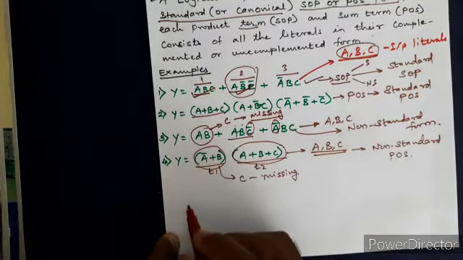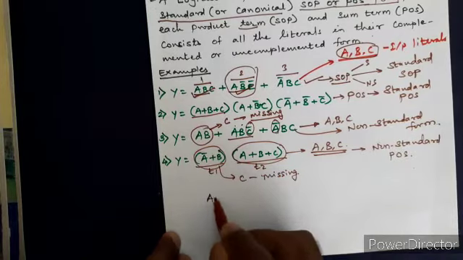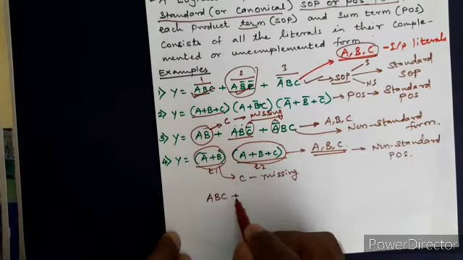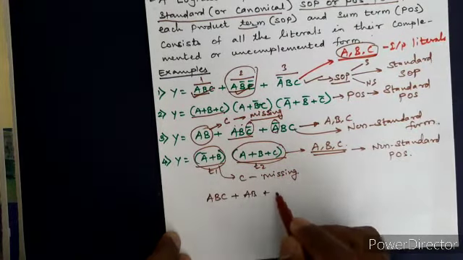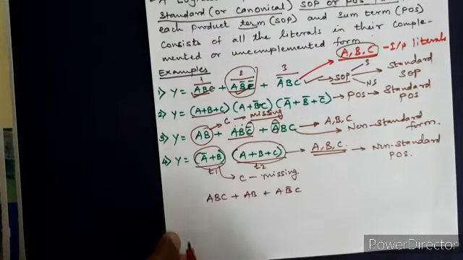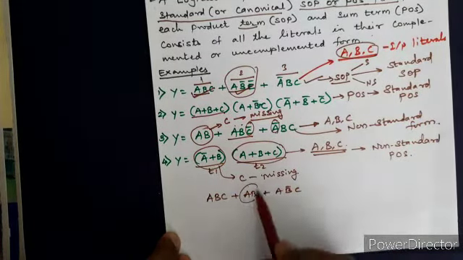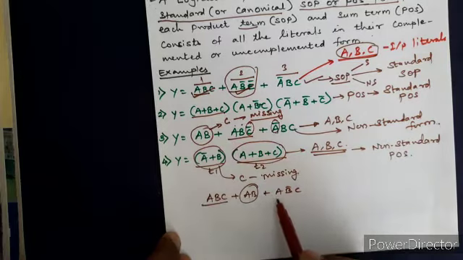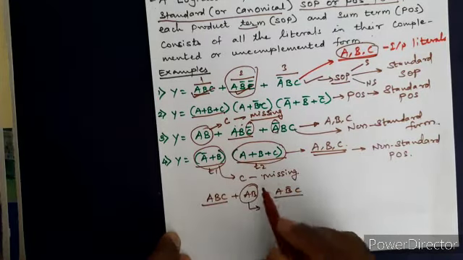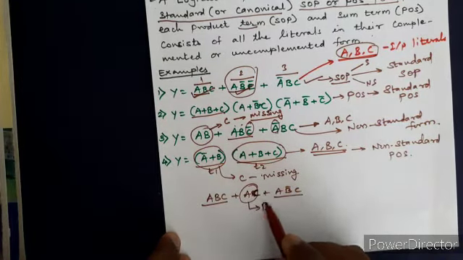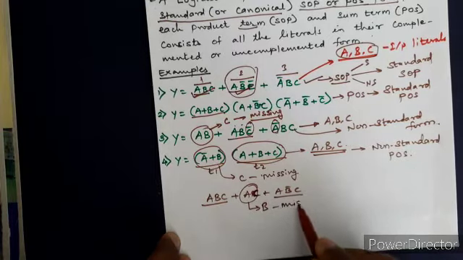We can have another example here. Now in both cases C was missing. Now we can have ABC plus AB plus A B bar C. Here you can see this has three literals, this has three literals here. Oh, now here B is missing.